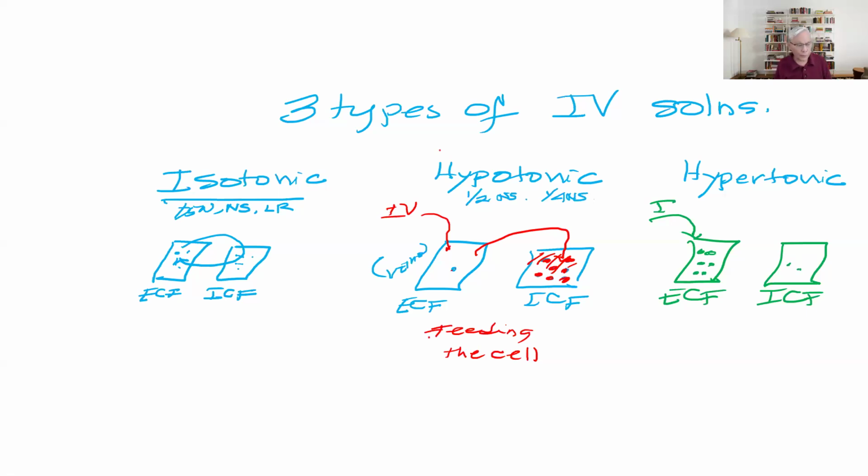Where would water go? Outside the cell. Extracellular fluid. Okay, good. From the intracellular to the extracellular. So you're going to pull water from the cells.